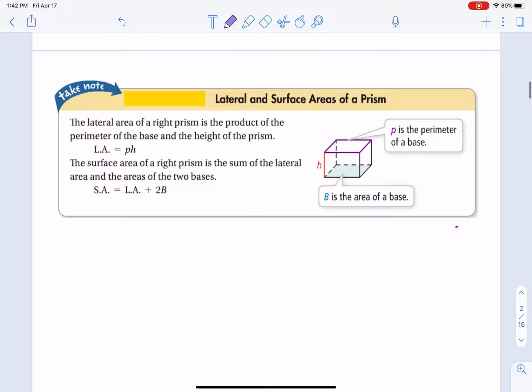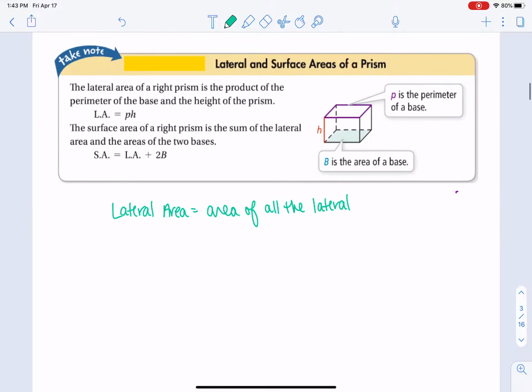Okay, so we're going to look at two things, lateral area and surface area. Lateral area is just the area of all the lateral sides or faces, whichever way you want to put it.